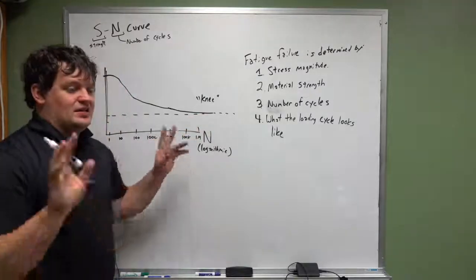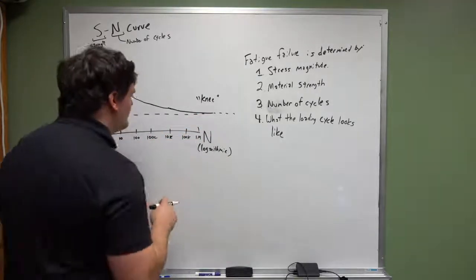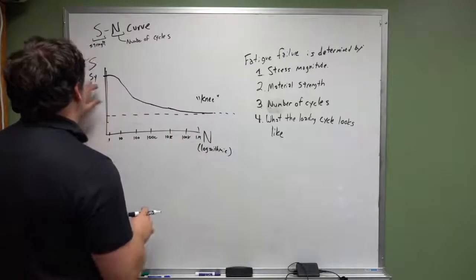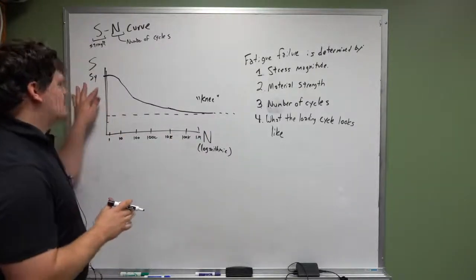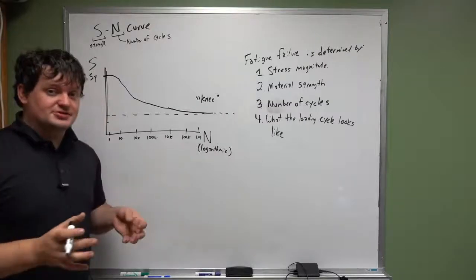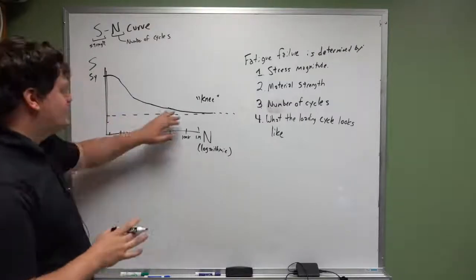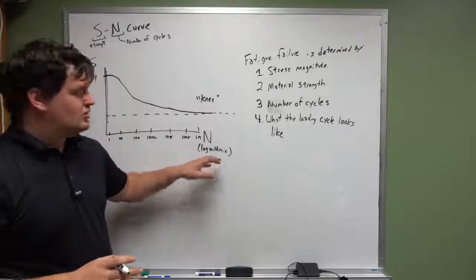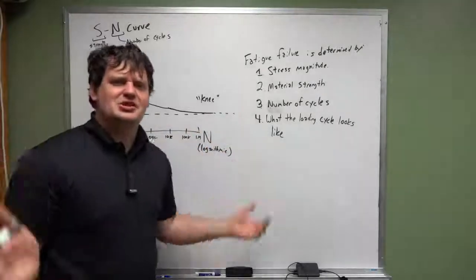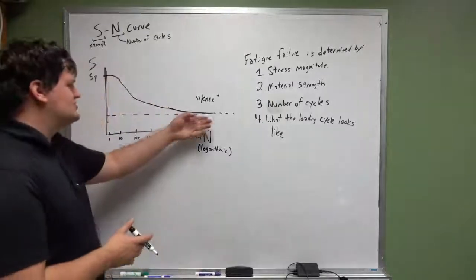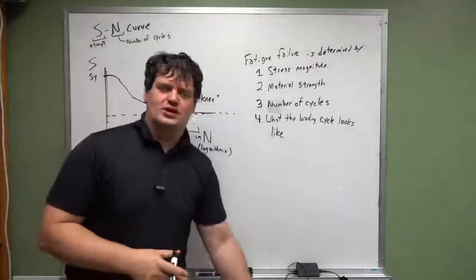Okay, so you're at a knee, where now it's done. At very low loads, your material can handle up to your yield strength or your ultimate strength. At very, very high cycles, it suddenly plateaus, where now it can handle some strength no matter how many loads you put on it.